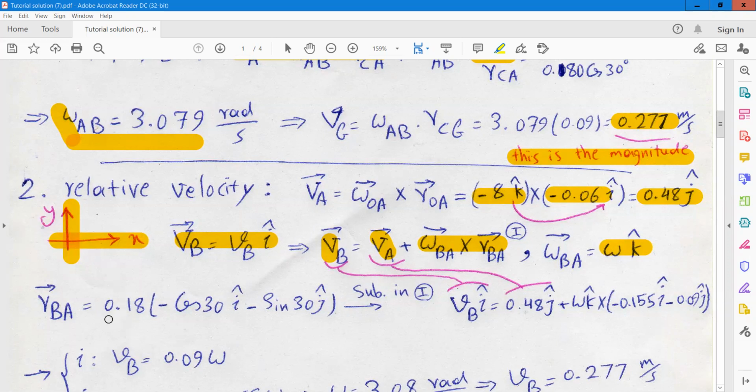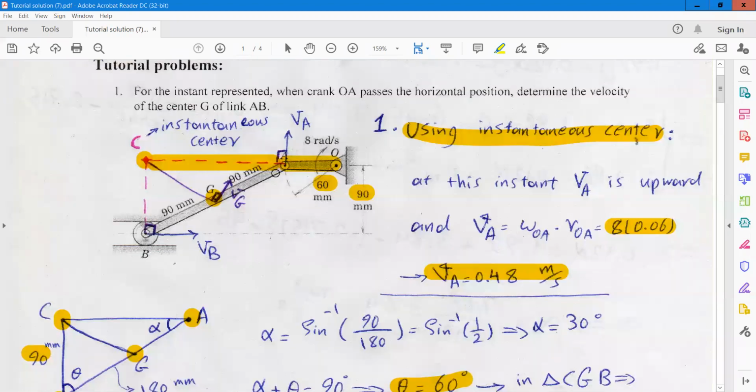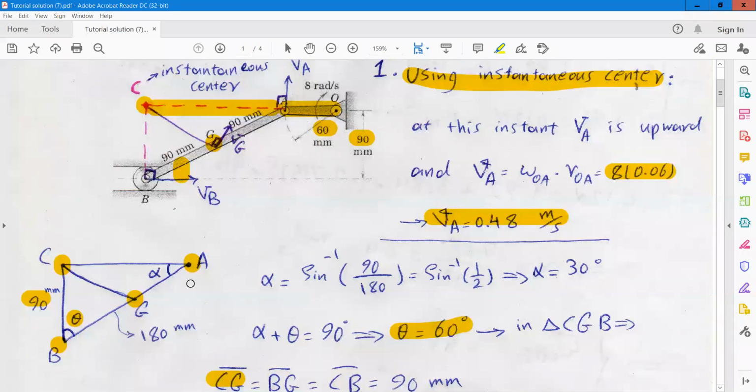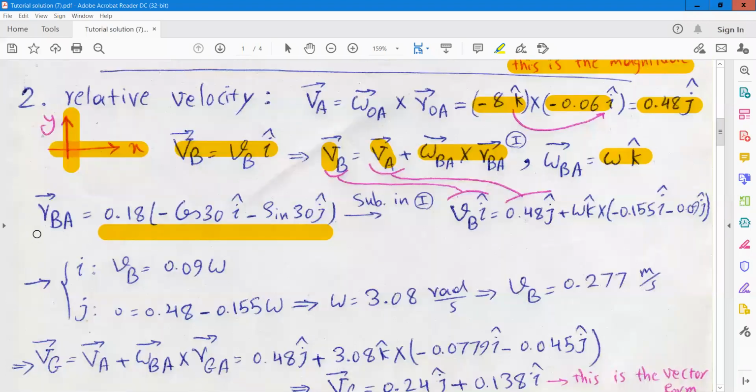According to the geometry of the problem, you can see the length AB is 0.18, and you can find the angle theta here, and then use the geometry of the problem and find RB with respect to A. Now you can substitute into the equation and find the relation between the velocity of B and the angular velocity.